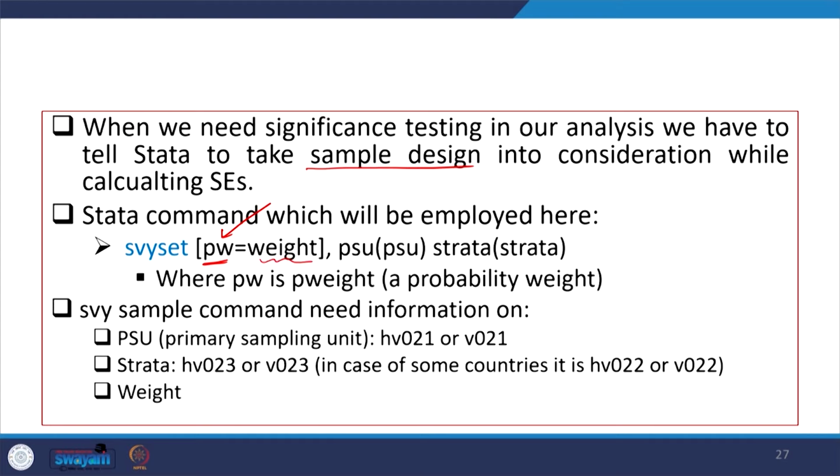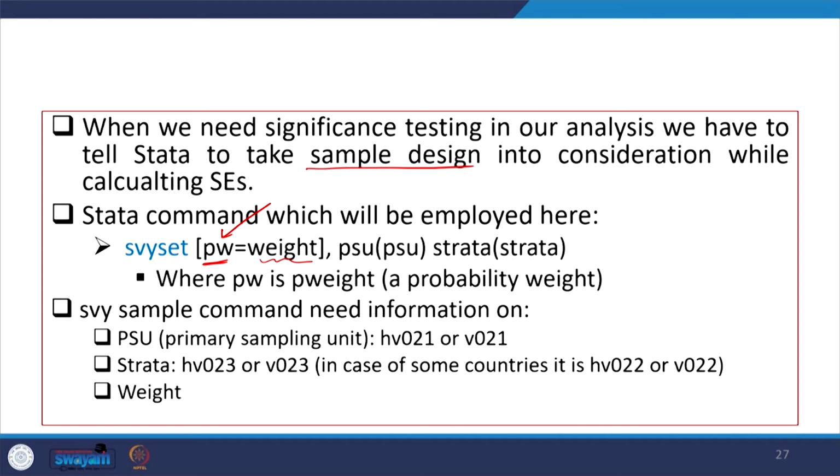Then the primary sampling unit has to be specified, and the strata should also be specified. We will also show this in our experiment, where PW is your P weight, also called probability weight. It also gives probability assignment.